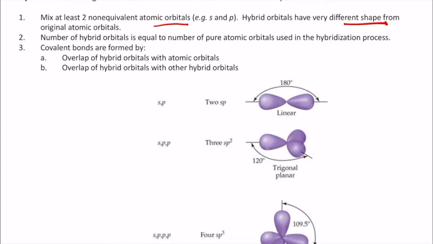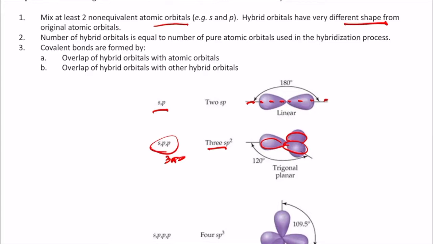All right, if we take an s and a p, we get 2 equivalent sp hybridized orbitals. 2 hybridized orbitals will adopt this linear shape. They'll try to get away from each other like this. We'll have a bond angle of 180 degrees. If we take an s and 2 p's, that's 3 atomic orbitals. I have to get 3 hybridized orbitals, sp2, and 3 equivalent orbitals take this shape.